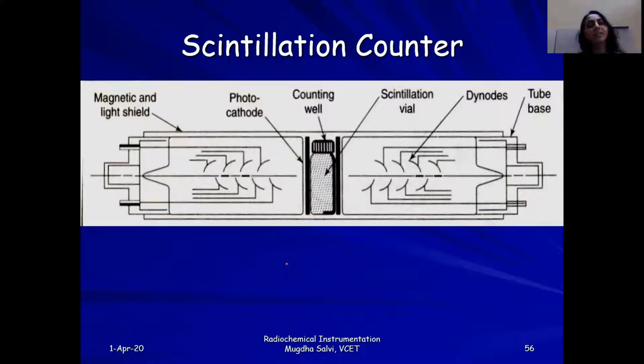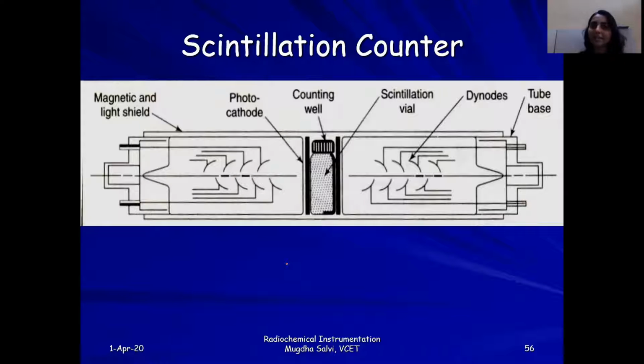Now, scintillation means small sparks of light or small amount of photons generated from a sample, similar to phosphorescence and fluorescence. So what happens here in this case is radiations will strike the material which is called a scintillator.